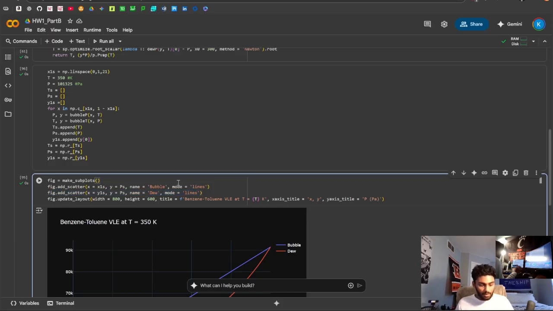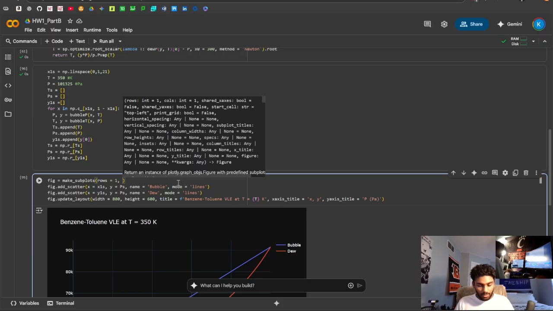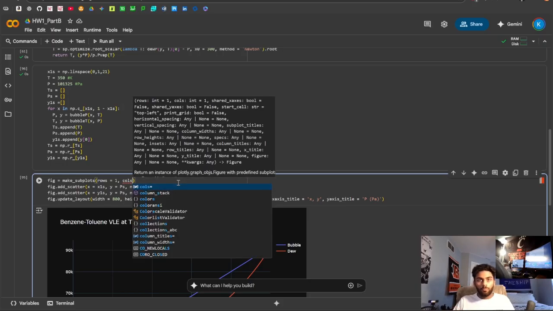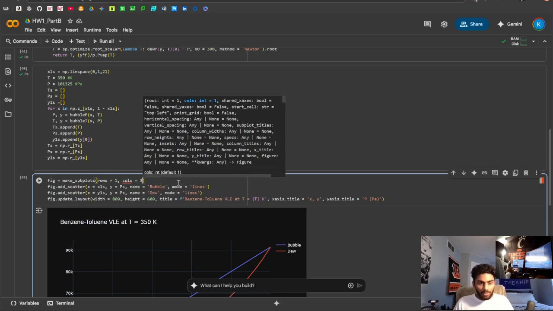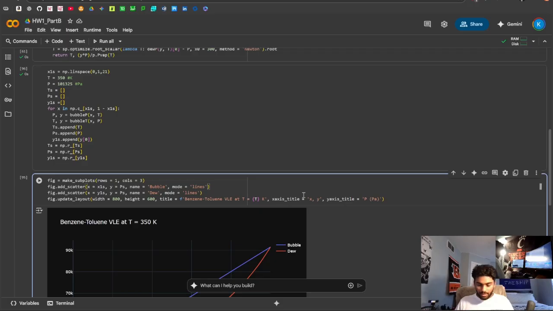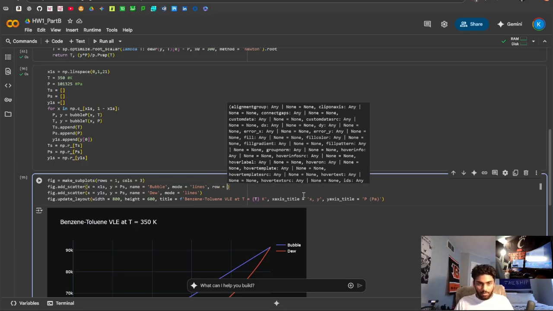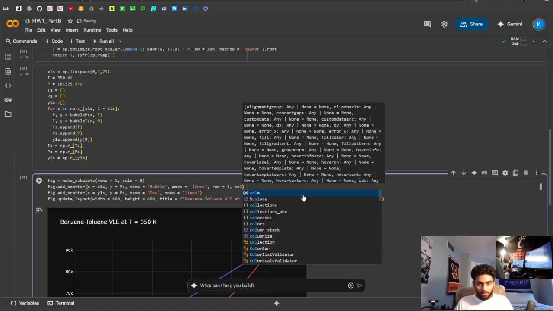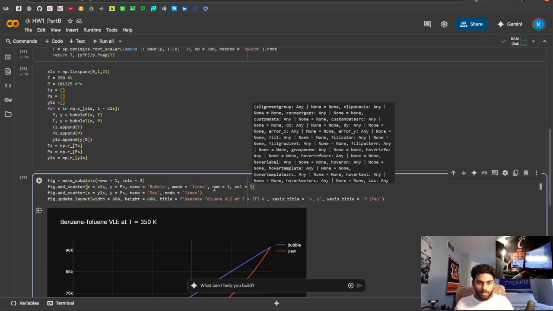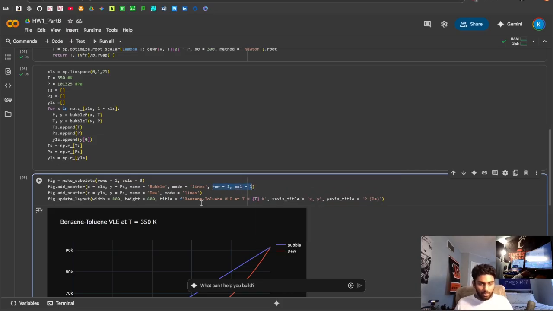We'll add rows and columns. So we're gonna add one row. We'll make 3 columns because we'll do a third one for just our X versus our Y. So we'll do 3. We'll assign this to row 1, column 1. Same as this one.